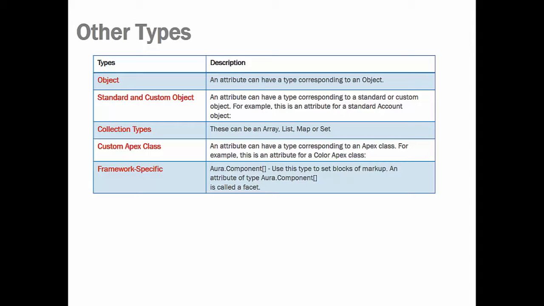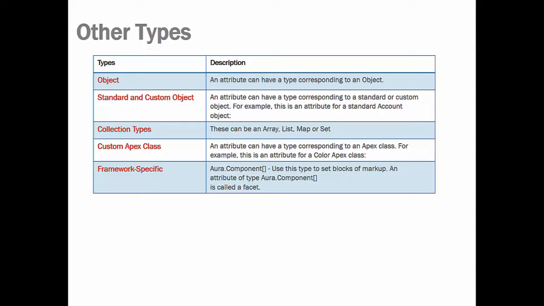There's another one called standard and custom object. Hey, that sounds familiar, doesn't it? Well, yeah, it could be. For example, a standard object in Salesforce could be an account object, or a custom object that you might create, like expenses__c as an example. Those are very well known to you, probably, standard and custom objects.